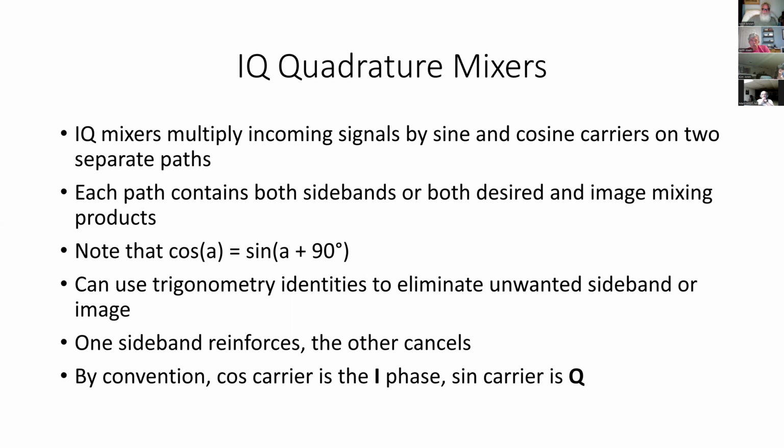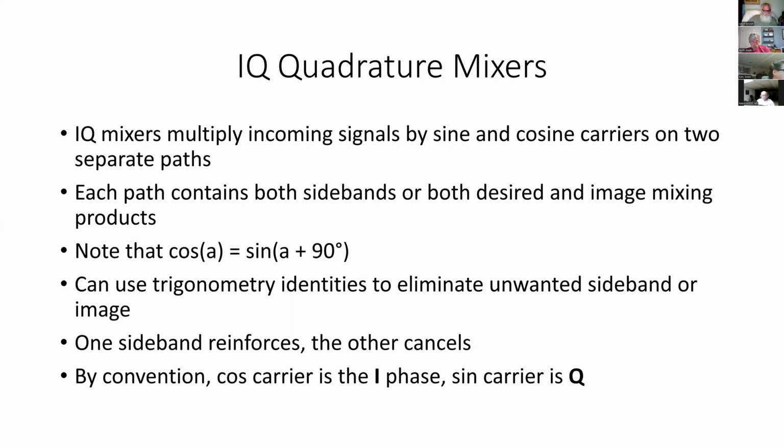So I'm not going to go through the equations here, but if you do the math, you can manipulate those two signals so that you can cancel the unwanted sideband or you can cancel the image frequencies from a mixer so that one sideband or frequency range will reinforce and the other one cancels out.